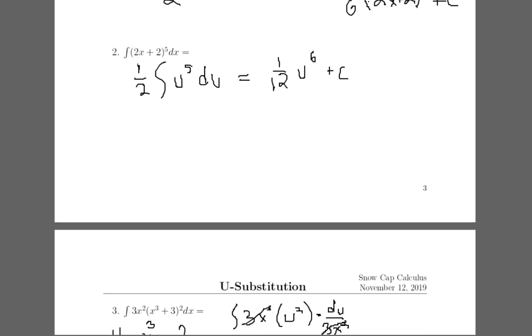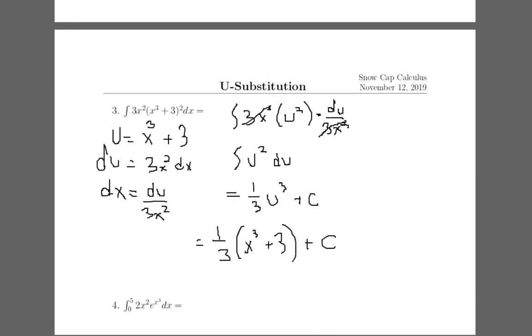Just want to make sure we were on the same page. Okay, yeah. So u is x cubed plus 3. That's the highest power of x. That's why you want to choose it as u. And then we'll take a derivative of that. We'll get our du equals 3x squared dx.